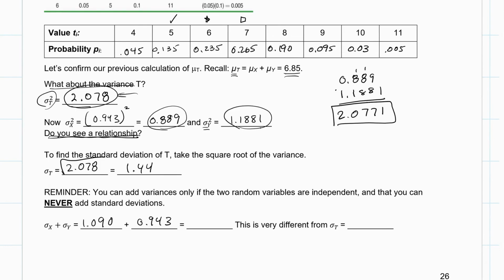If we add those together, we get a very different number than the real number, which is 1.44. So do not add standard deviations, add variances.